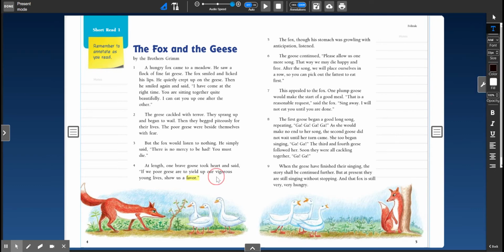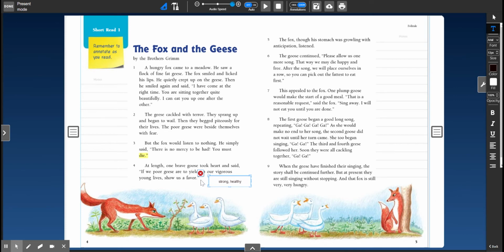So let's take a look. So first, the word vigorous. The word vigorous means strong and healthy. So these geese are saying, don't take our strong, our healthy lives, right? We should still be able to live, okay?